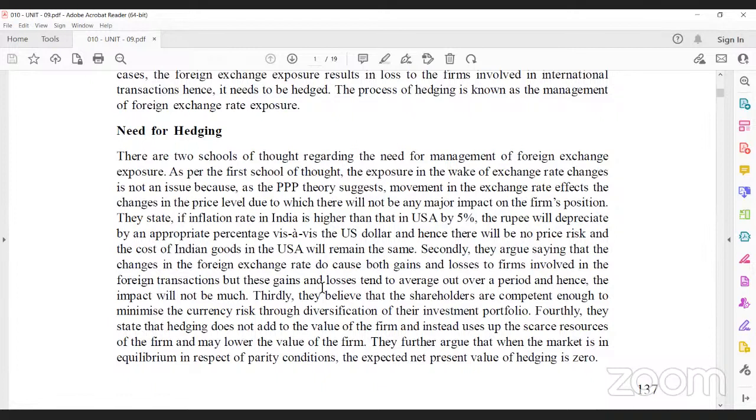A hedge in a trade means that the very purpose of it is to reduce the risk of adverse price movements in another asset. It takes an offsetting position in an asset and tries to reduce the price risk which is associated.